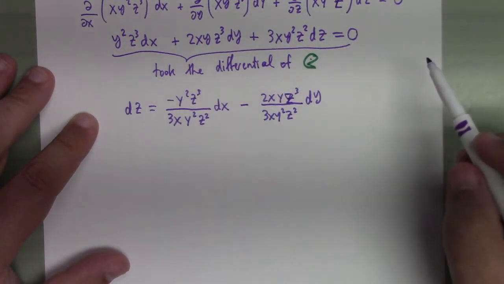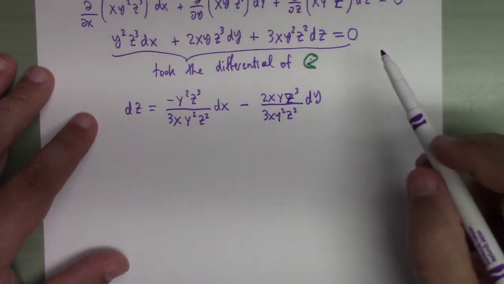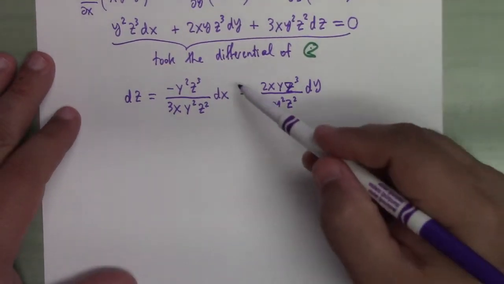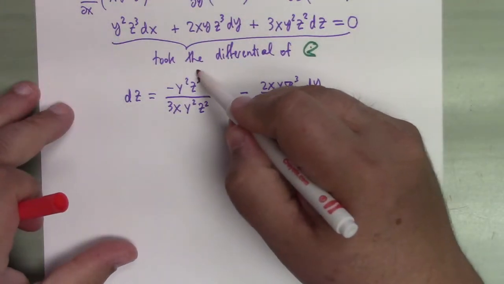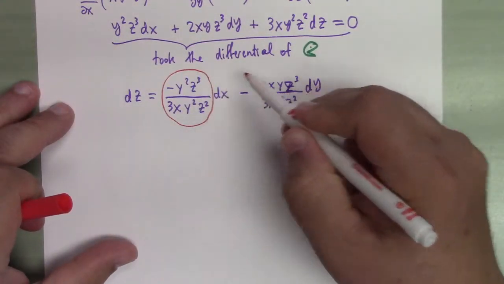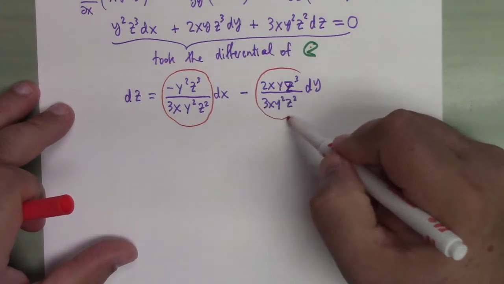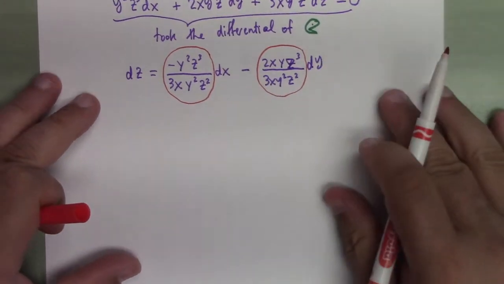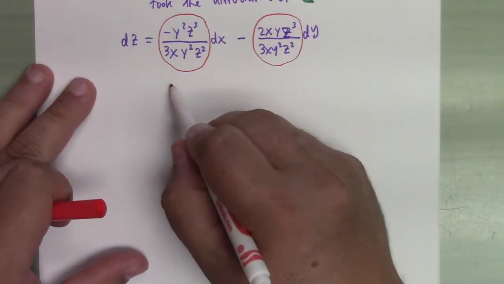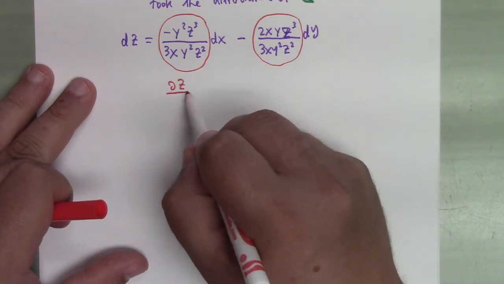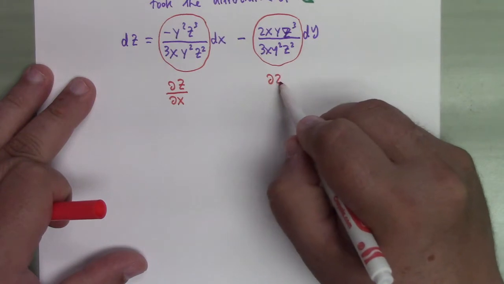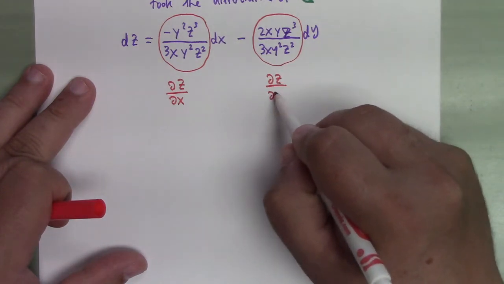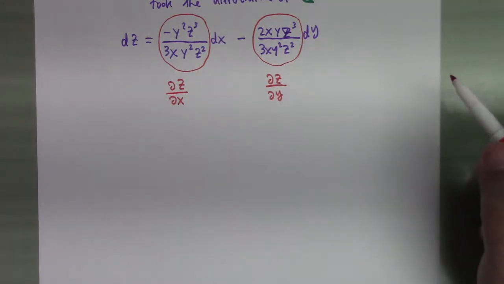If you do that, all right, then the really neat thing is the coefficients of the differentials tell you what the partial derivatives of z are with respect to x and y. So this is going to be partial z, partial x, and this guy is going to be partial z, partial y, including the minus out front, okay?